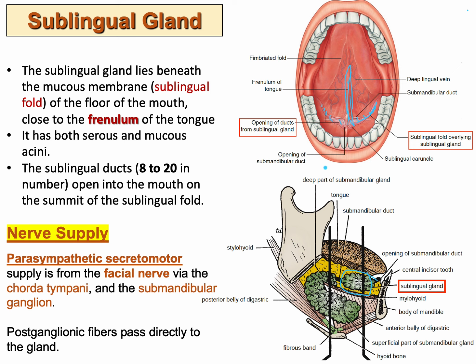And I would like to remind you that the sublingual gland is similar to the submandibular gland. That means they are mixed glands. They have serous and mucous acini.